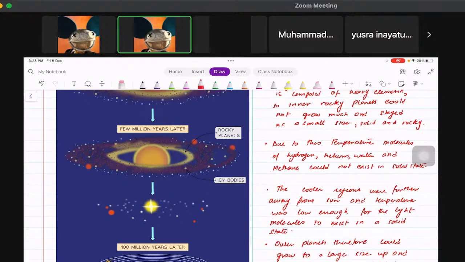So that is why these planets are gaseous and cold. Is that clear, everybody?